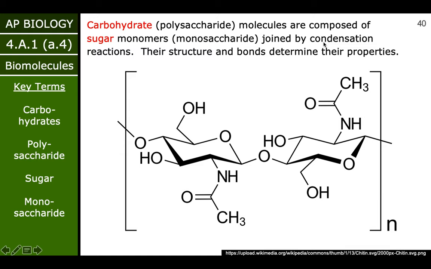And those are joined by condensation reactions, just like every single one of the other macromolecules. Okay? And their bonds and their structure are also going to determine their properties. So you should be noticing some trends depending on what they are, shaped like because of their chemistry, or what atoms are involved and where. That's going to determine what they do.